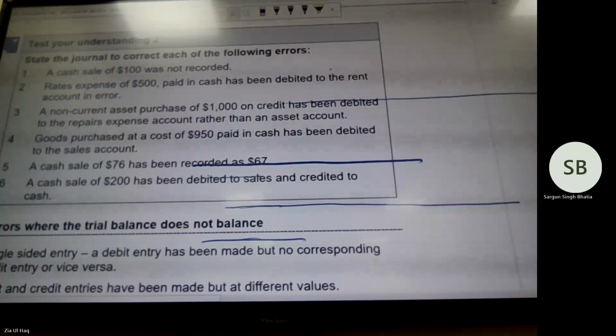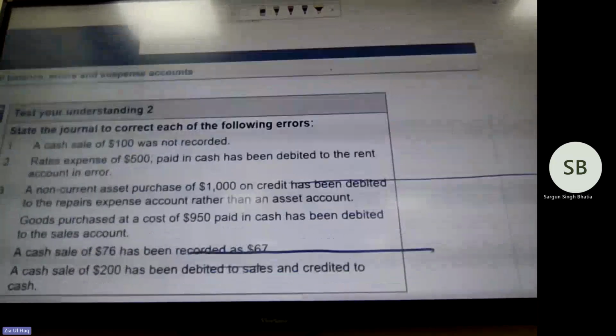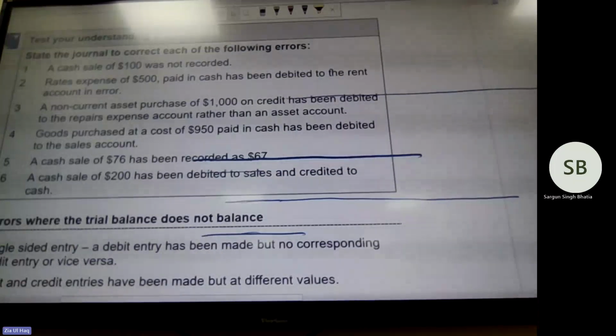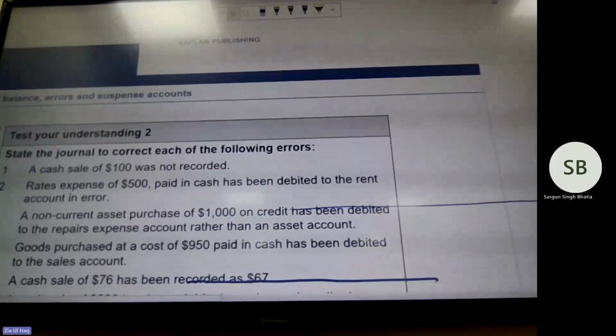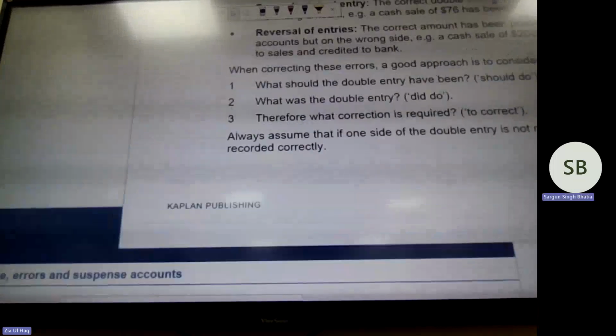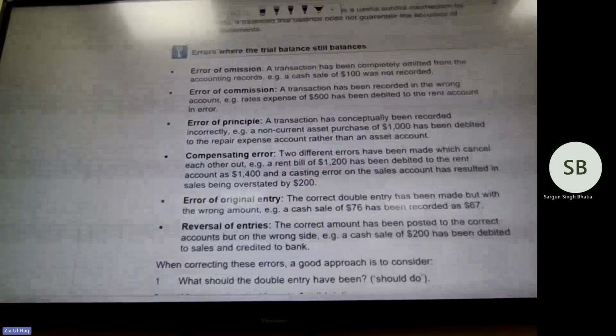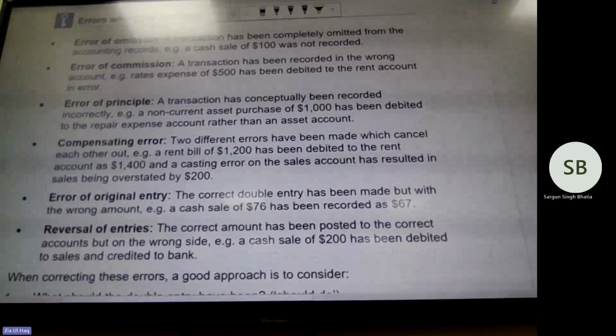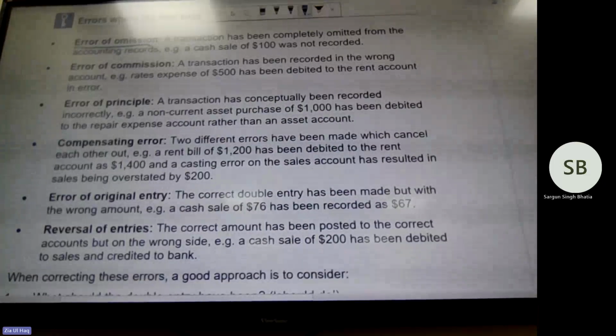So these are the errors where the trial balance tallies. What could be the types of errors? The types of errors are error of omission. What is error of omission?